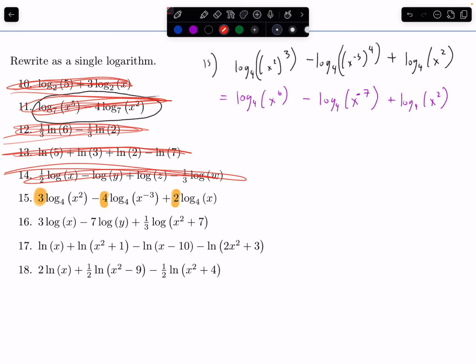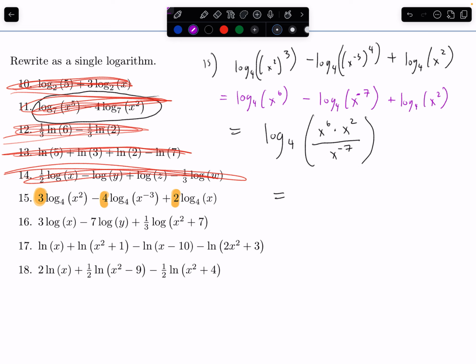Now let's do addition and subtraction. Remember, if I'm combining to a single log, addition becomes multiplication and subtraction becomes division. So it's log base 4 of x to the sixth up top, x squared also up top, and x to the negative 7 down bottom.